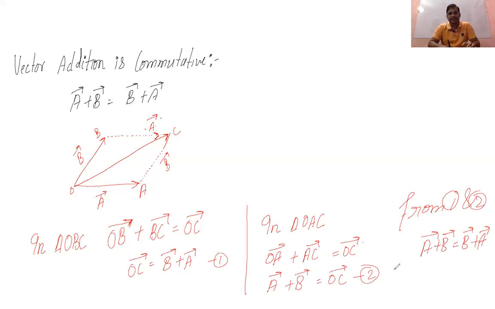Now we can understand what the associative addition of vectors is. Associative addition of vectors, let's see this. What do we mean by associative, and how can we prove that vector addition is associative?